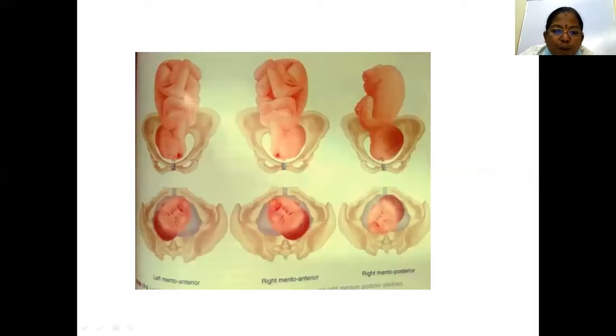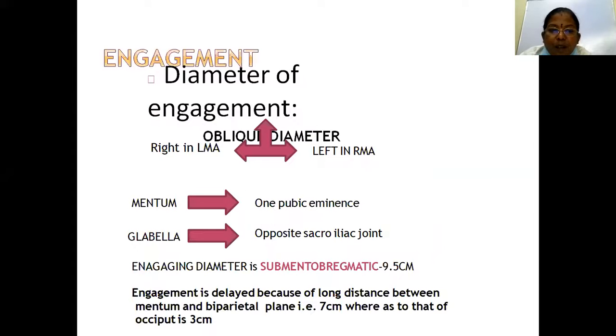So these are the various positions: left mento anterior, right mento anterior, and right mento posterior. The baby will be there in the abdomen like this. The diameter of engagement is the oblique diameter.